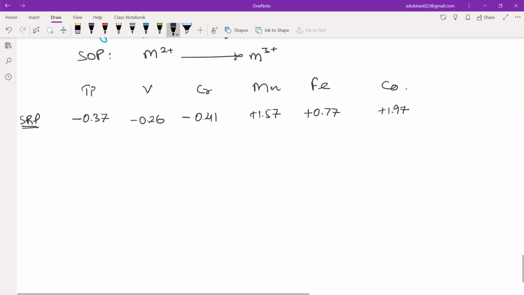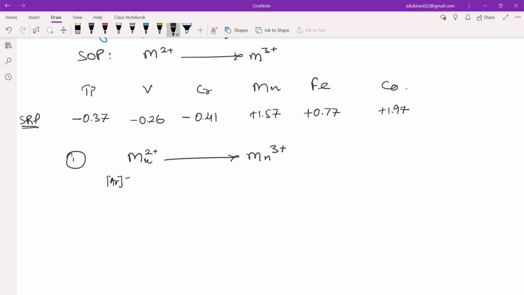Number one, if I go from Mn2 plus to Mn3 plus, then we are going from argon 3d5 to argon 3d4. Correct, guys? This is very stable.